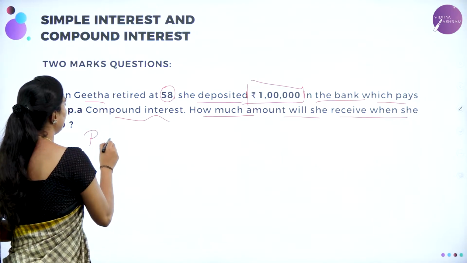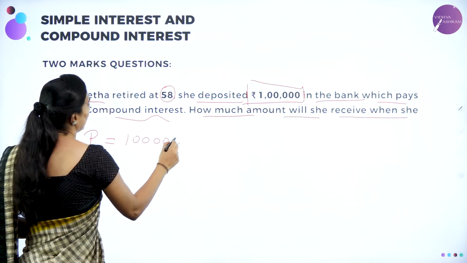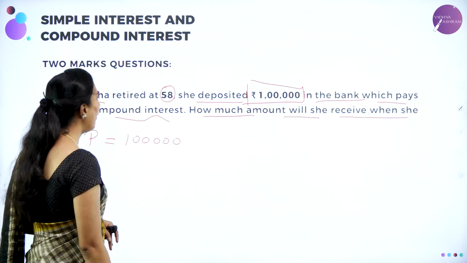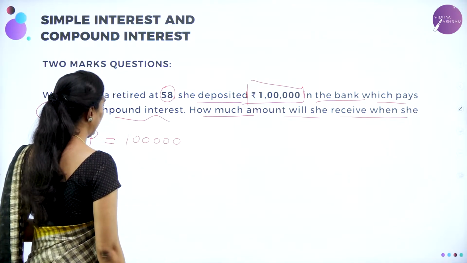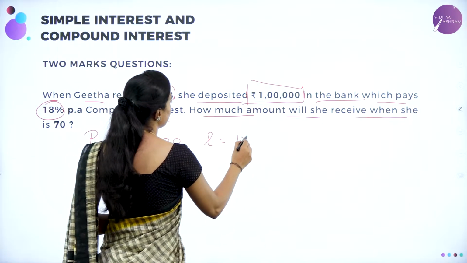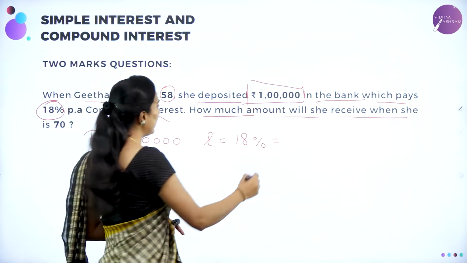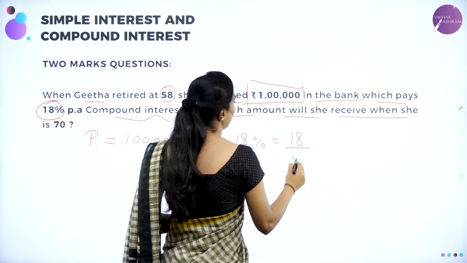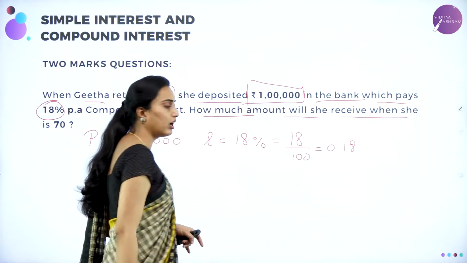What they have given: P is equal to 1 lakh. Correct? And then you have 18%, R is equal to 18%. Now 18% can be converted into a decimal: 18 divided by 100, which is 0.18. Correct? That is your i.